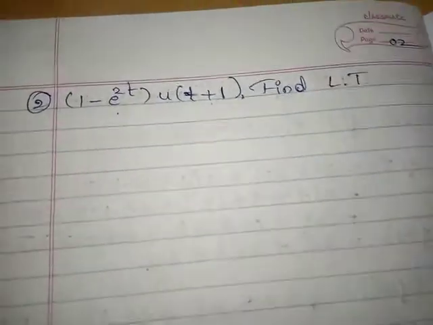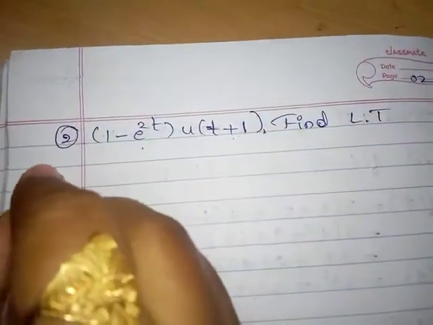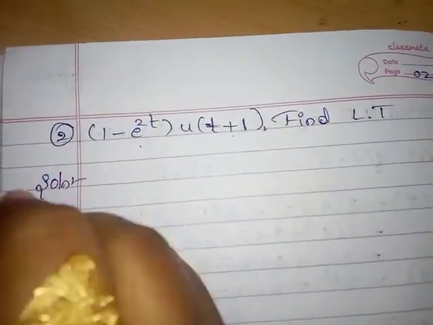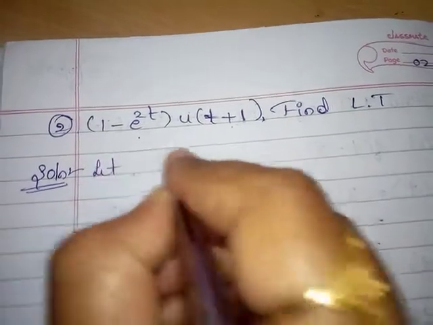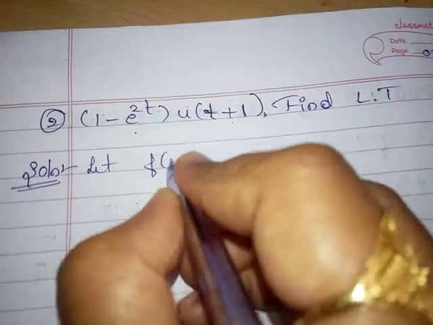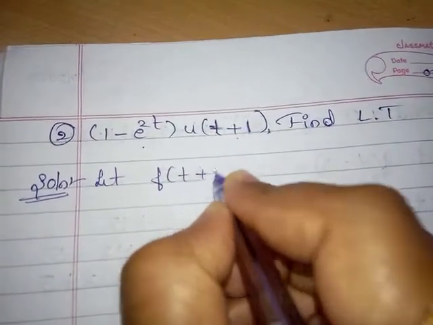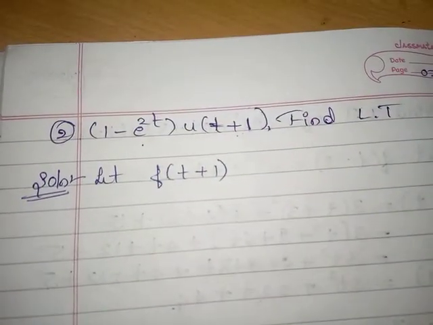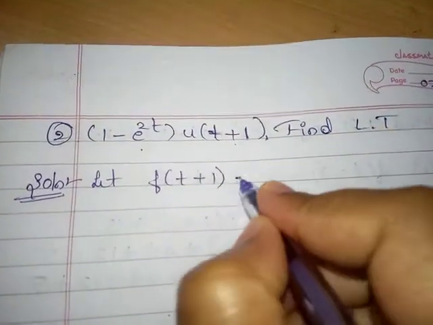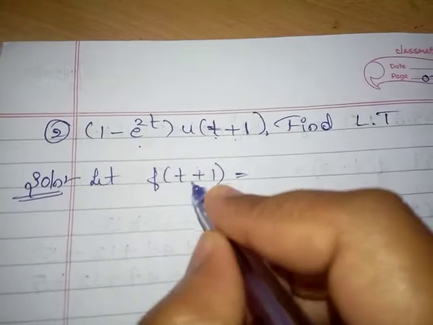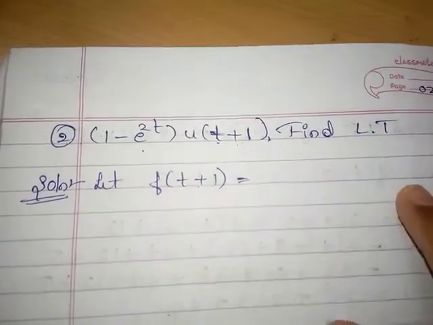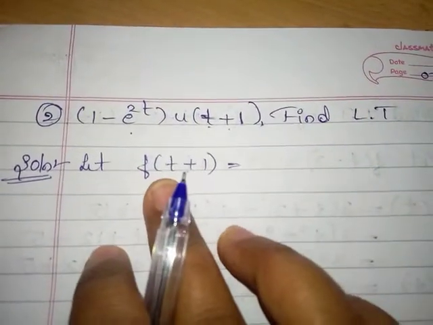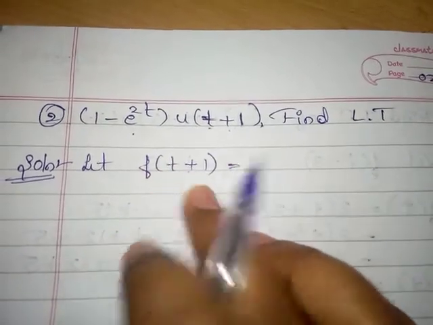Now the solution is: let f(t + 1), because the given function has t + 1, so we have to take t + 1 only. After that we have to change this to f(t).